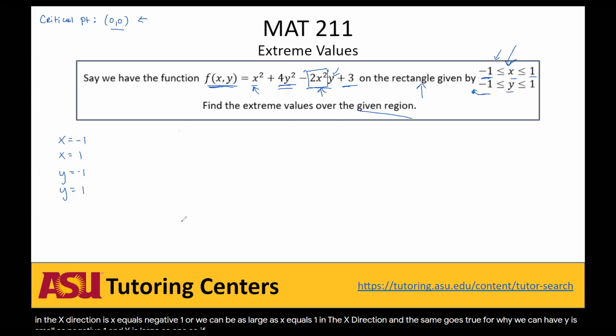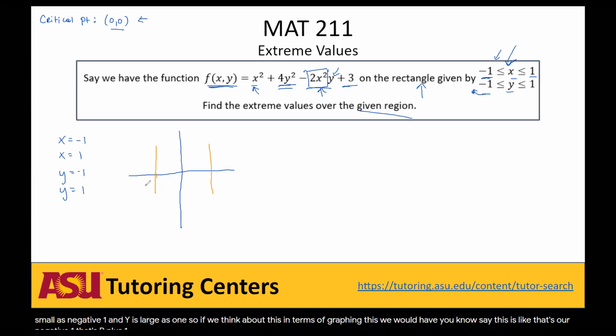So if we think about this in terms of graphing this, that's our -1, that's our +1, and then we've got a 1 and 1 here. So each of these corner points here, let's make those red.